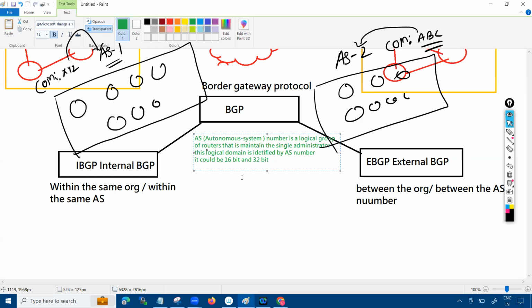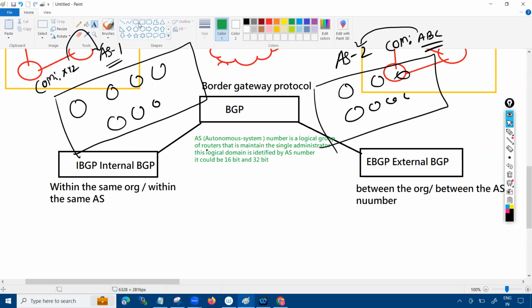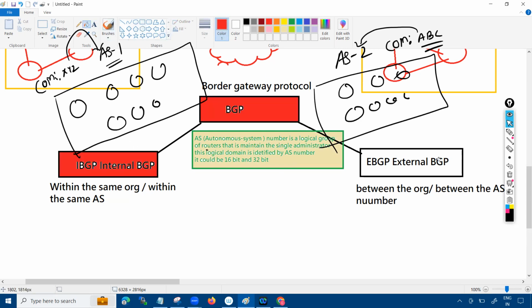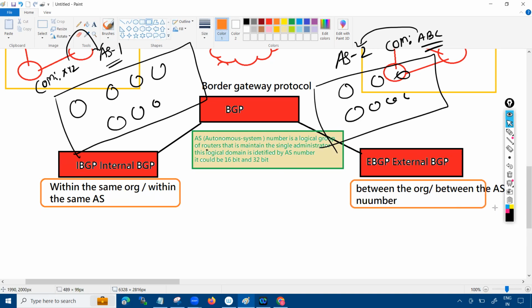So understand the concept. BGP has two flavors. One is called IBGP, another is called eBGP. IBGP means within the organization, eBGP means between organizations.